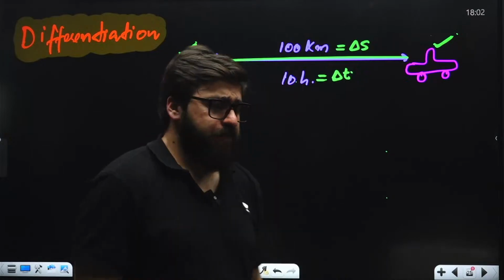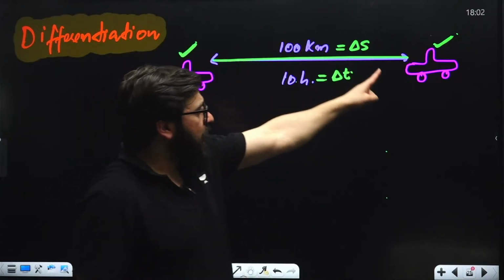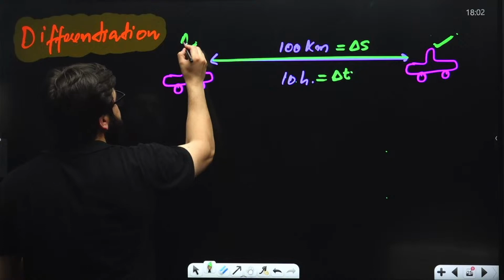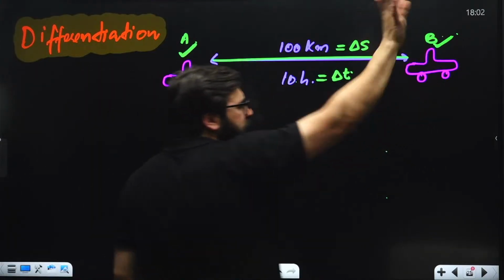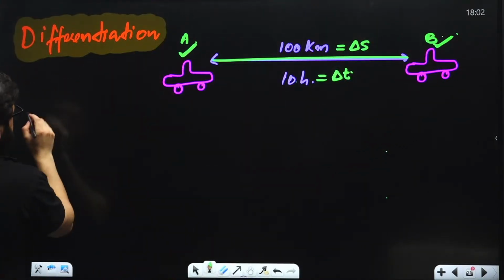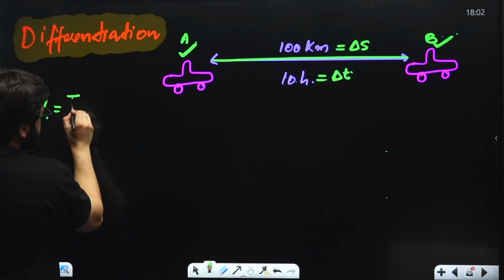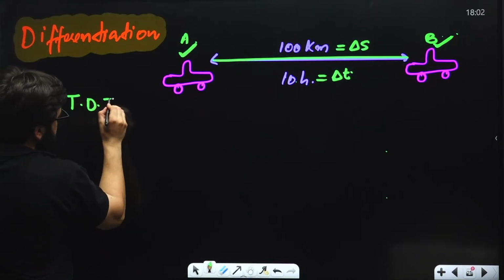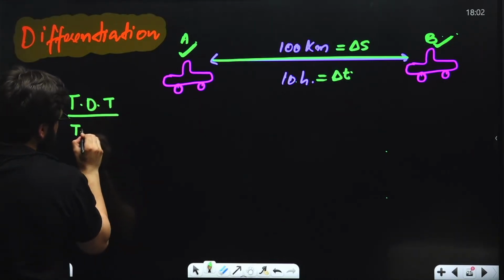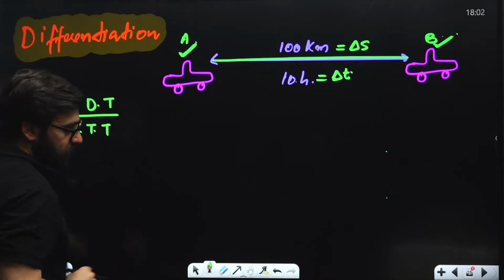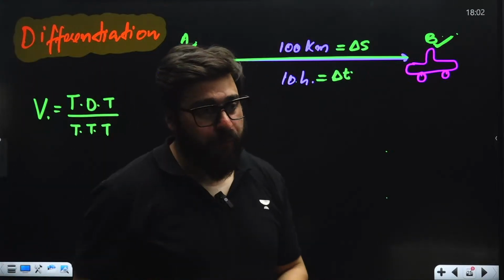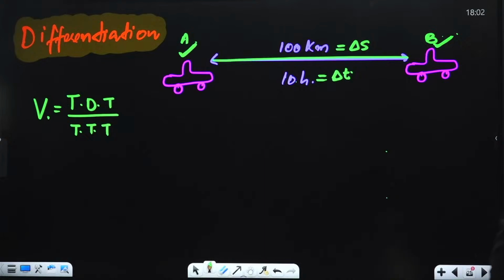If I ask you what was the speed of the car from point A to point B in general, you say that the velocity is total displacement traveled upon total time taken. As simple as that.